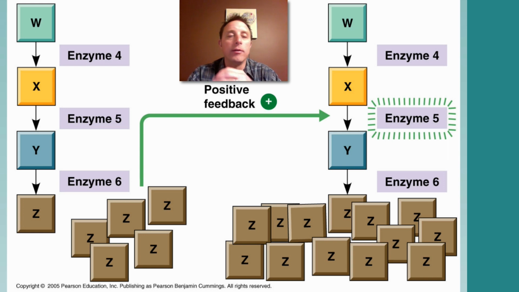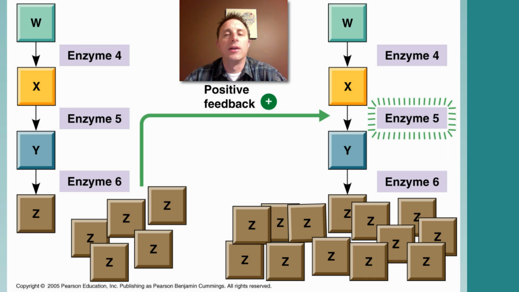So here we have a biochemical pathway going from compound W, which is converted to X, converted to Y, converted to Z. And this is done through the activity of 3 enzymes, enzymes 4, 5, and 6. So in positive feedback, what happens is the final product here, which would be Z, goes back and activates one of the enzymes.